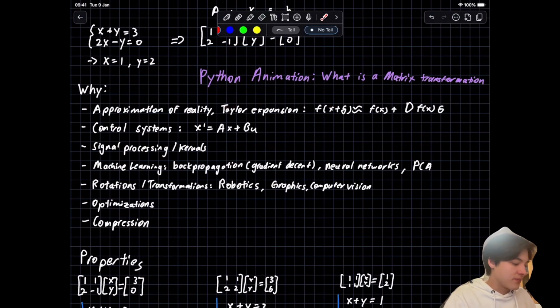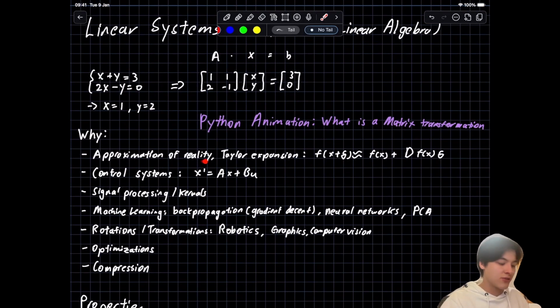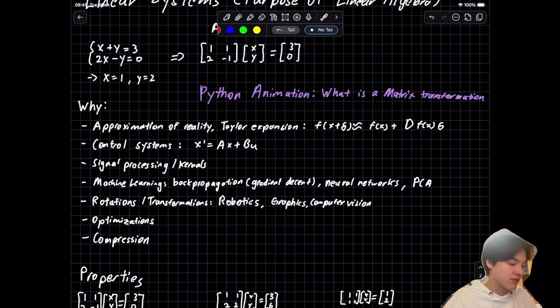One of the things is that linear systems are an approximation of reality, because we can do a Taylor expansion, and the first degree we can use as a matrix notation. So linear systems are an approximation of reality.